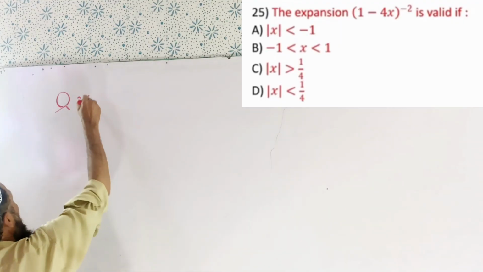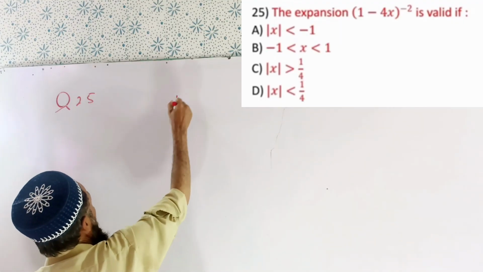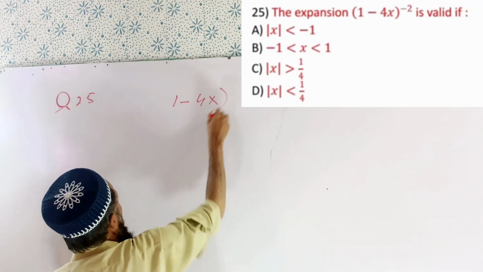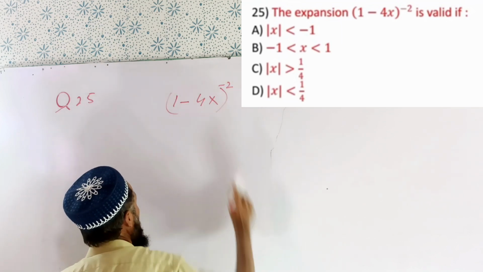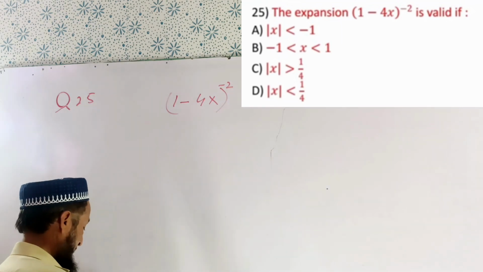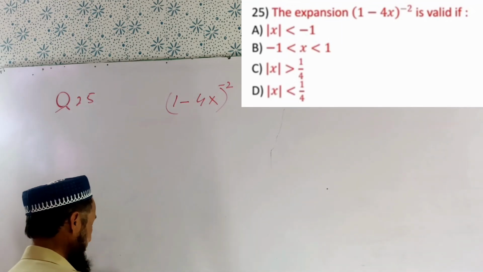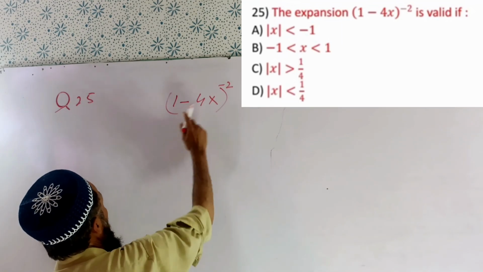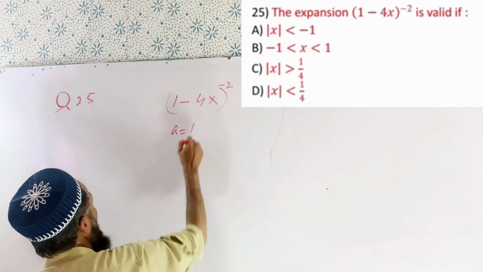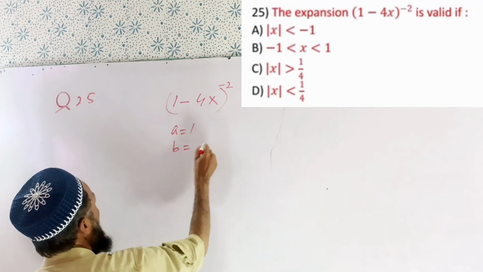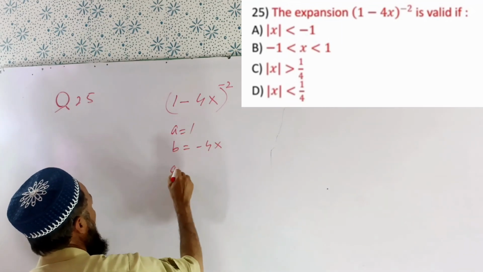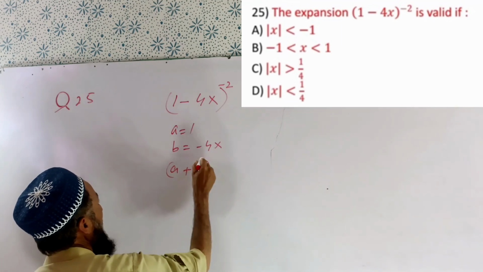Expansion of 1 minus 4x whole power minus 2. This binomial series is valid if this condition is satisfied. According to this formula, a is equal to 1 and b is equal to minus 4x, so we get 1 plus b whole power minus 2.